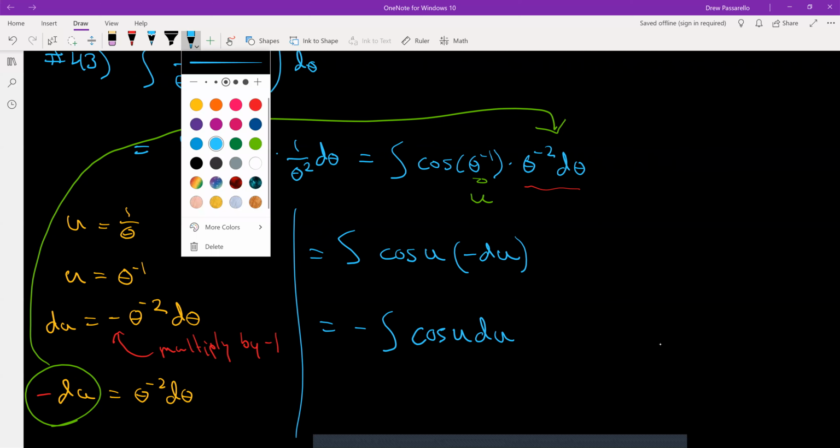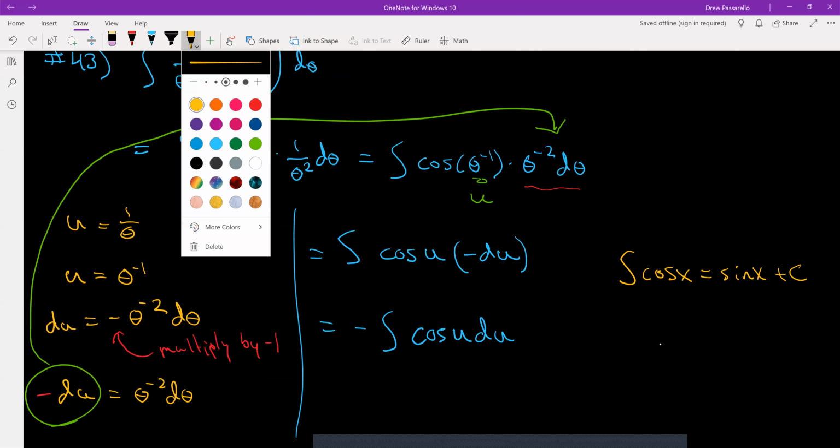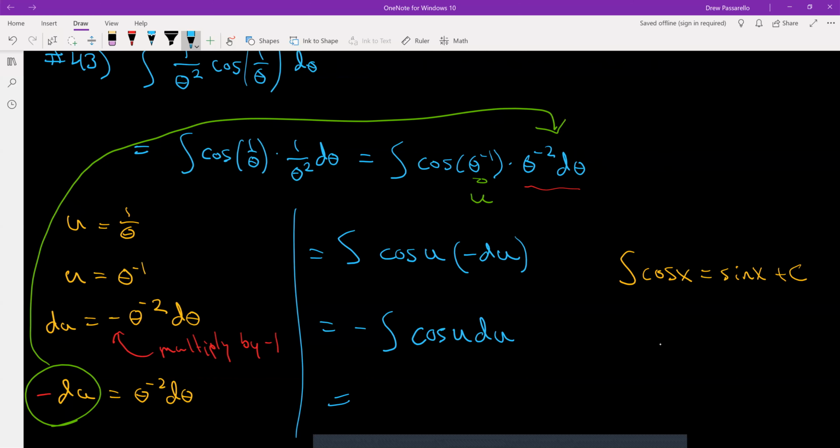So for integrating cosine, it becomes positive sine. It's the opposite of when you take the derivative. If you take the derivative of cosine, it's negative sine, but integrating it becomes positive sine. So this becomes negative sine of u, and then plus c.